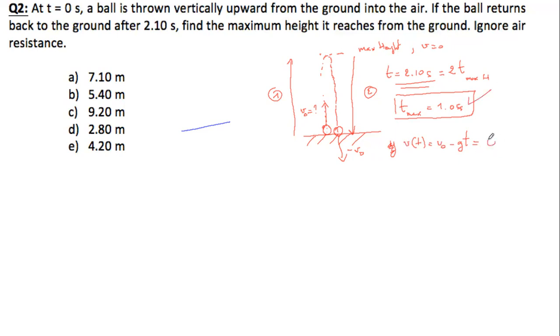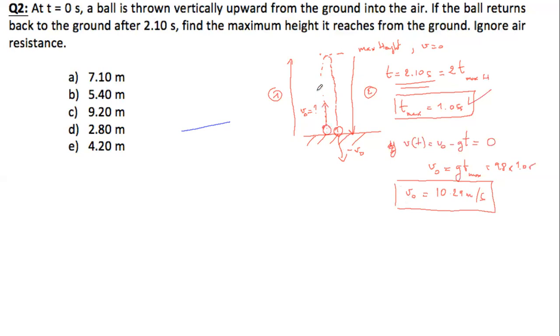The velocity at maximum height is 0. So that means v naught is g times the time for maximum height, 9.8 times 1.05. This gives you your initial speed, which is 10.29.